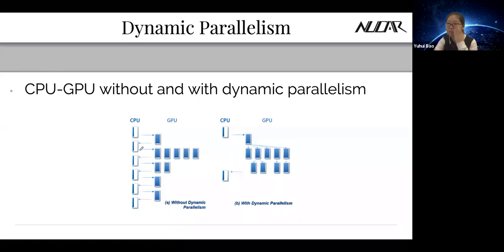Then it goes back to the GPU for other operations, so this goes back and forth and the CPU is involved several times. But with dynamic parallelism, everything can happen only on the GPU, as long as the CPU doesn't need any information the GPU computes.